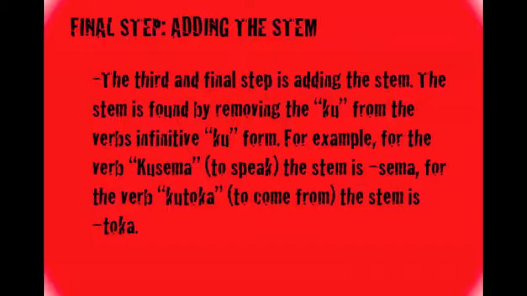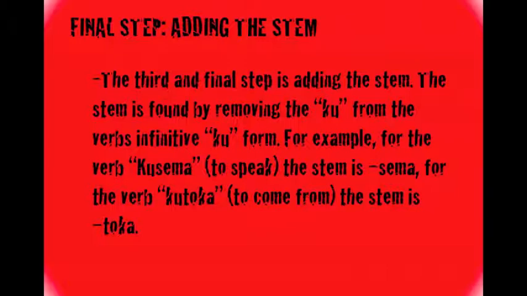So coming down the home stretch, final step, adding the stem. So as I said, every verb begins with ku, but in order to conjugate the verb, you're going to have to take the verb out of its ku form and use the stem. So for example, we have the verb kusema, which means to speak. There are also other verbs that mean the same thing, to speak. For example, we have kuzungumza, which we'll be conjugating in a few slides from now.